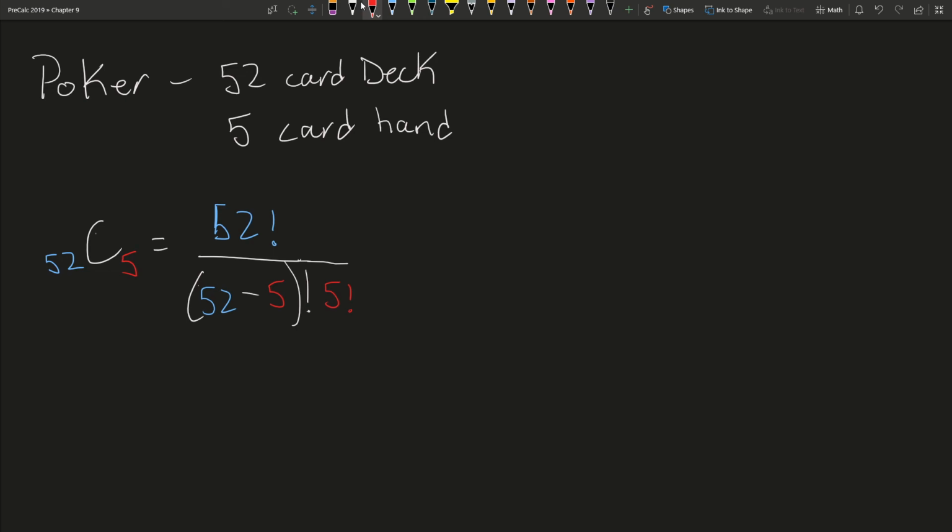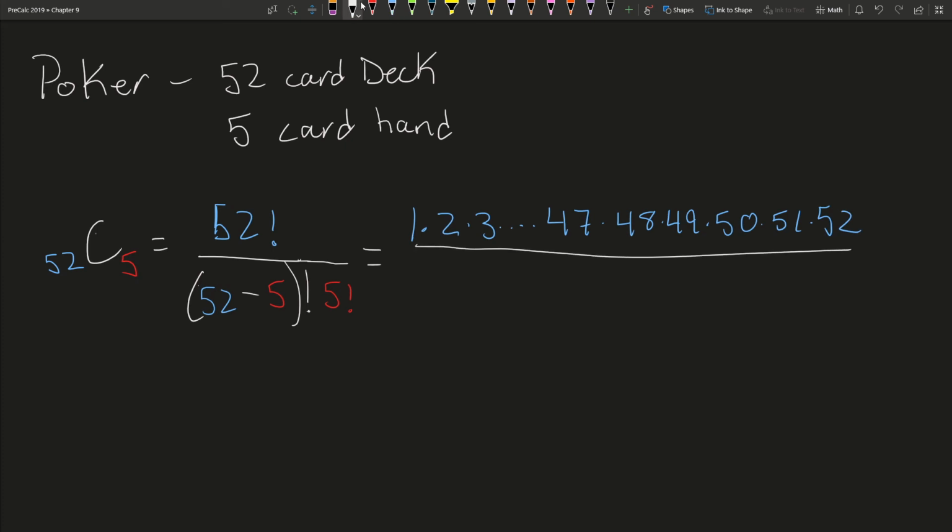If we expand that just a little bit, we would get 1 times 2 times 3 all the way up to 52, over 52 minus 5 factorial, which is really 47 factorial, which is 1 times 2 times 3 all the way up to 47, times 5 factorial, which is 1 times 2 all the way up to 5.